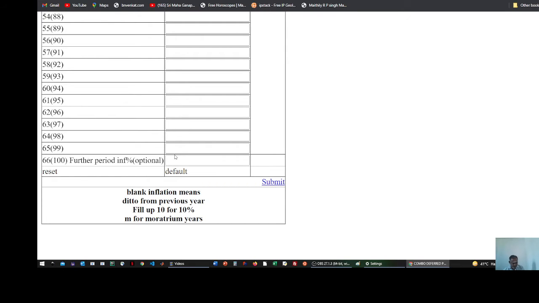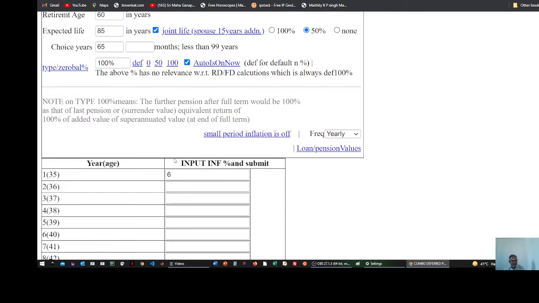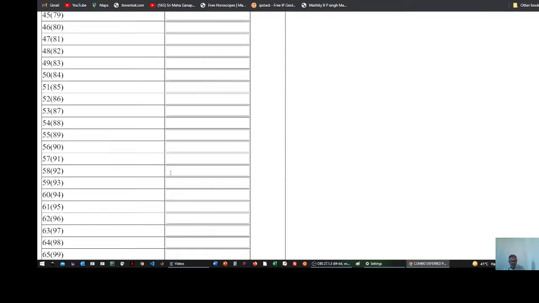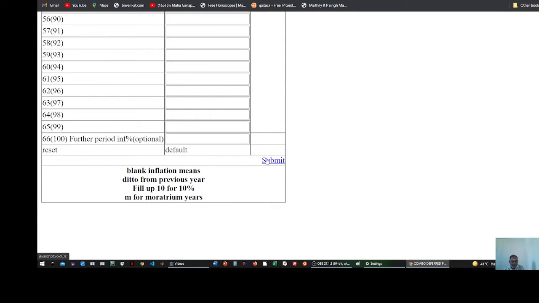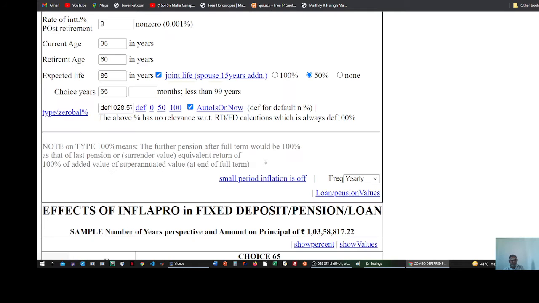So let us leave all this blank. Blank means the previous percentage, that is 6%, will be applicable throughout. Let us submit. Now this has calculated the automatic growth rate as 1028.57 percent.